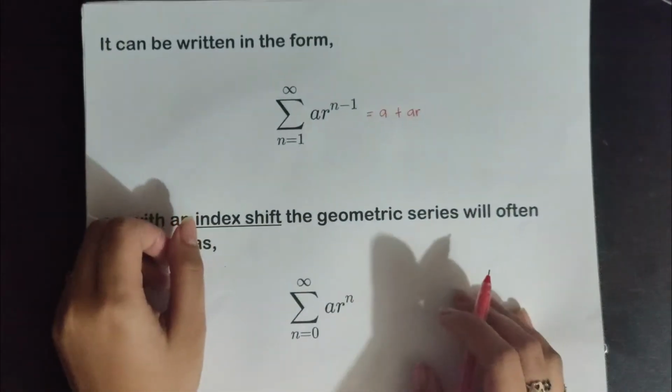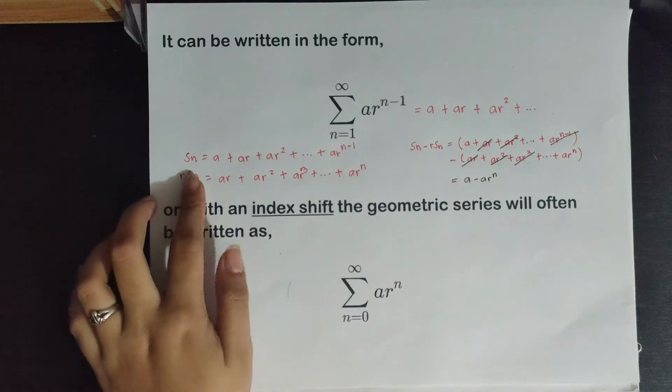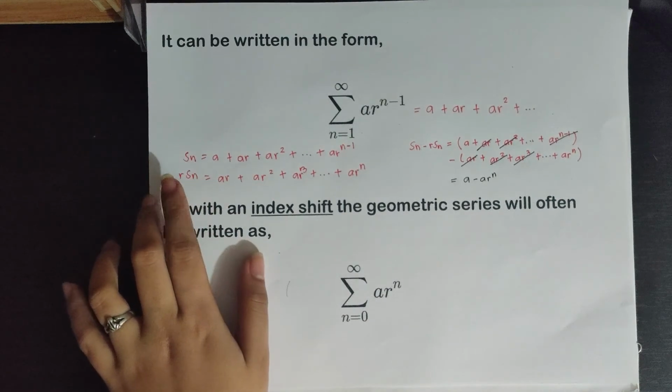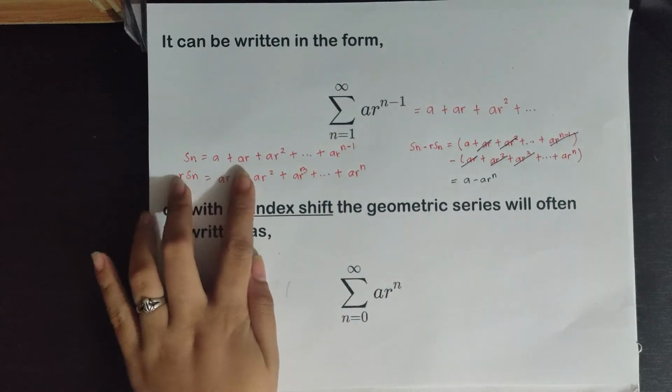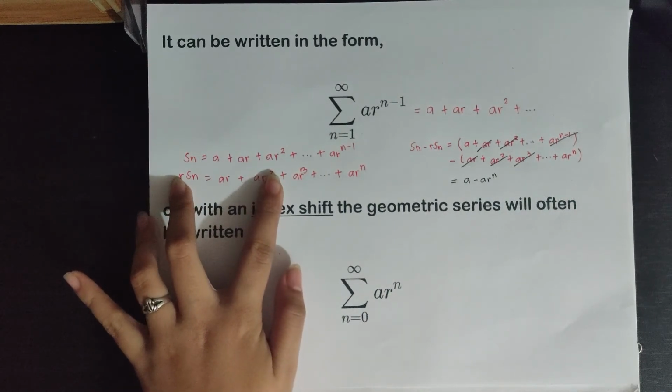We'll consider S sub n, the partial sum. The nth partial sum is a plus ar plus ar squared all the way to ar raised to n minus 1.